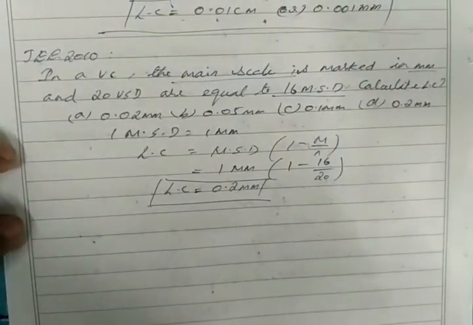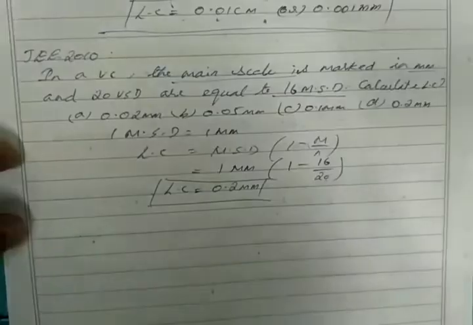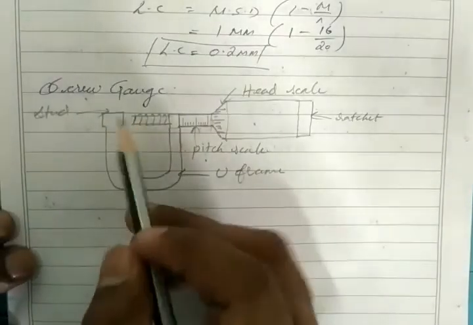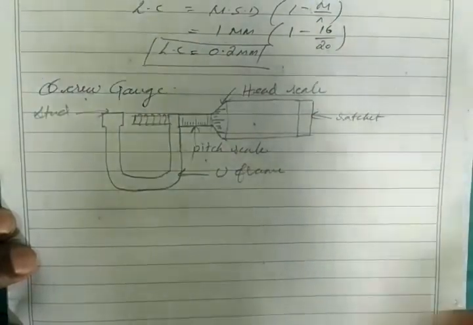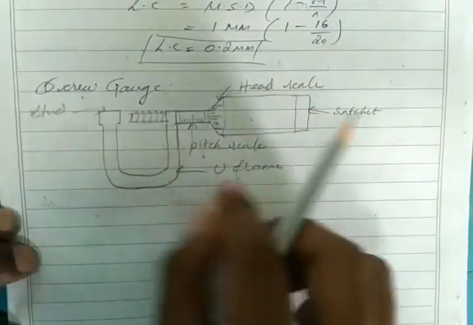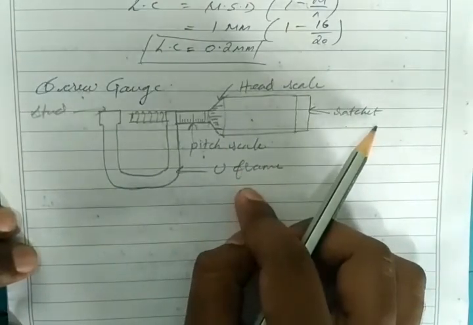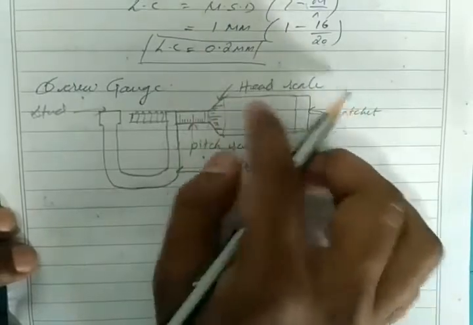Then the next instrument which we use to measure an object's length or diameter is the screw gauge. This is the simple construction of a screw gauge. Here we have a stud, and this U-type structure known as the U-frame. This scale is marked linearly, it is the pitch scale, and the one marked circularly is the head scale.